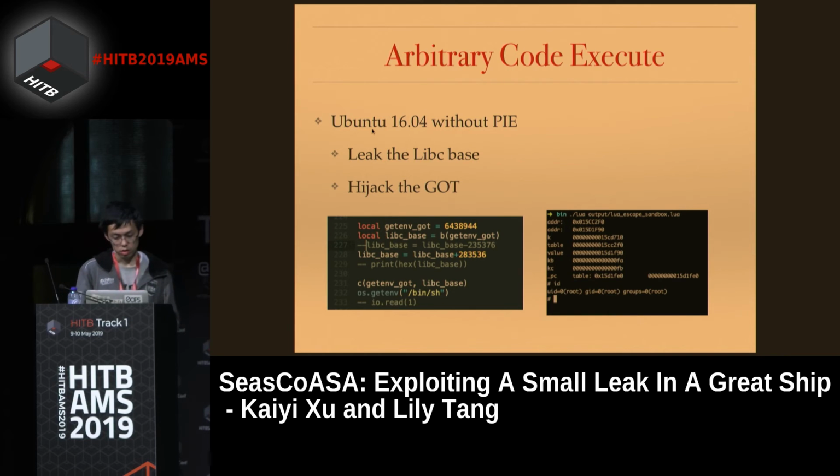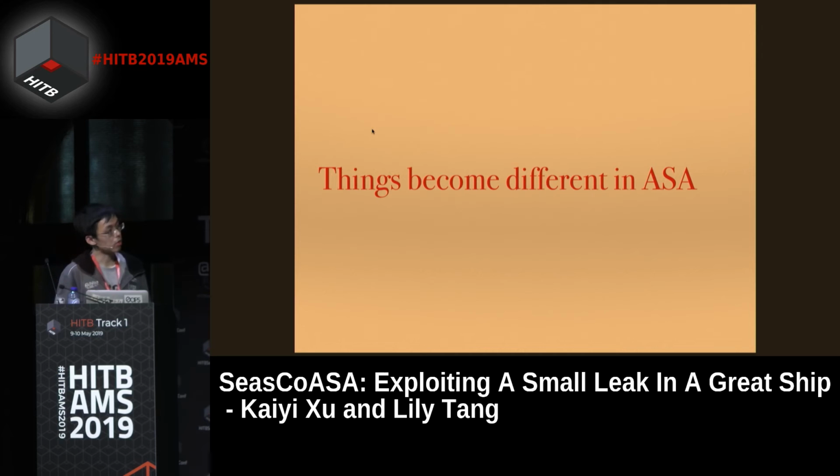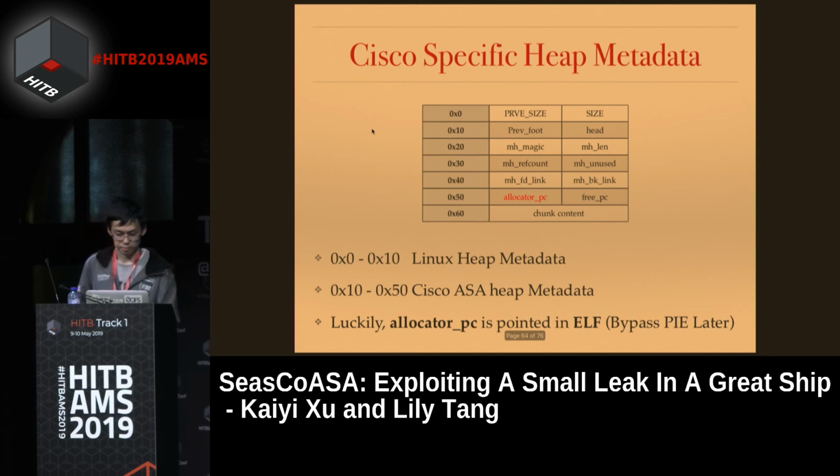17.04. However, Ubuntu is not our final target. What we want is to exploit Cisco ASA, and things are truly different in Cisco ASA. First, Cisco ASA has specific heap metadata. This is the layout of the heap metadata.